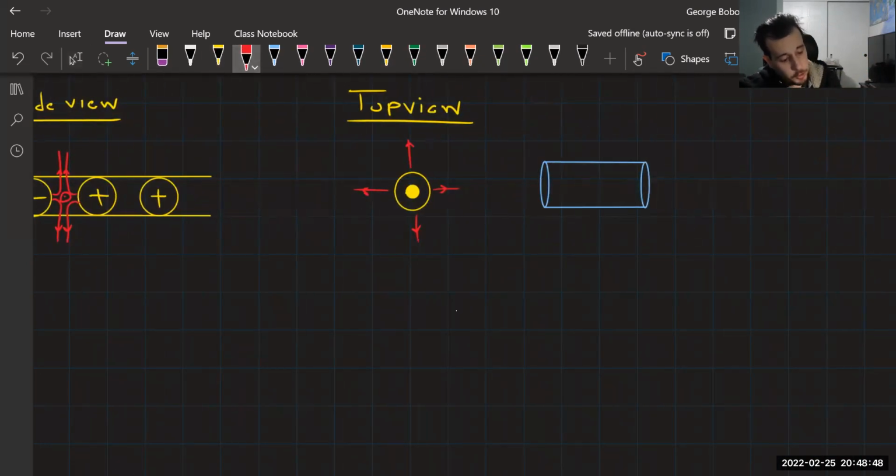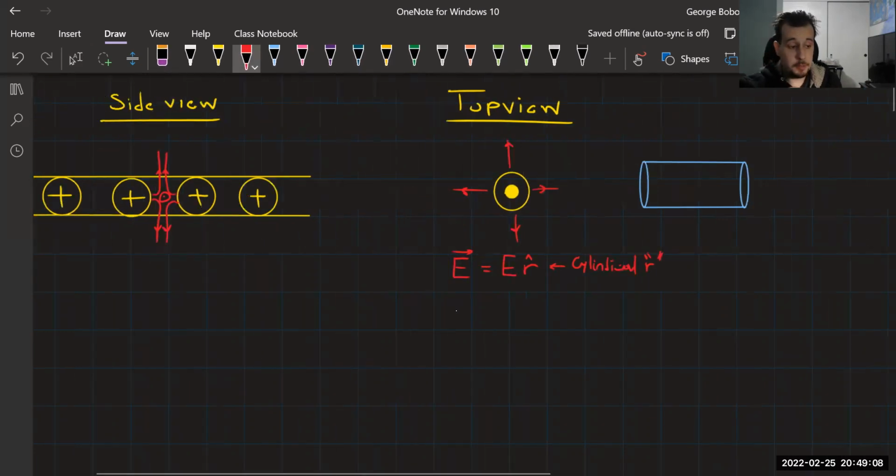So the field here, we conclude that the direction is in the cylindrical R direction. This is the cylindrical R, not the spherical. Okay, that's good.